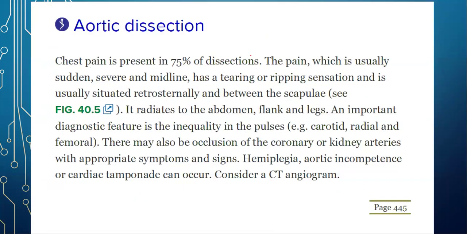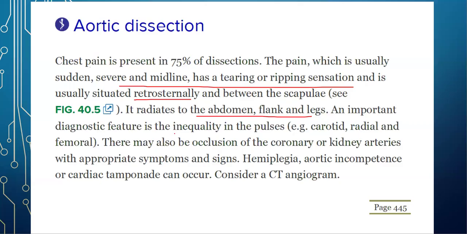So that's all about myocardial infarction and things. Moving on to aortic dissection. You already know the presentation. There will be a sudden severe midline tearing or ripping sensation of pain, most commonly retrosternal, and it can radiate to the back and sometimes even to the abdomen, flank, and leg.